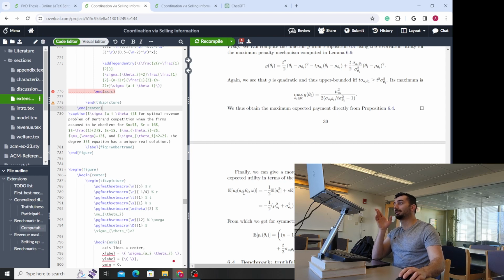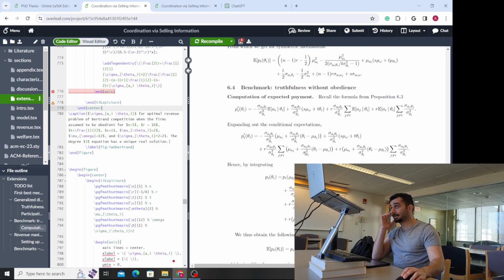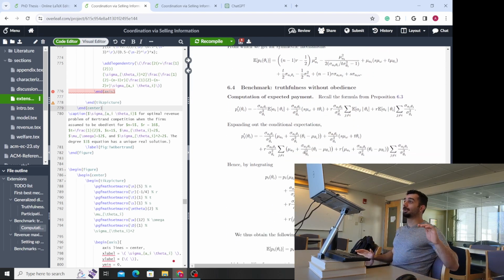So he also computed expected utility, and that's it. That's actually most of the job is done.